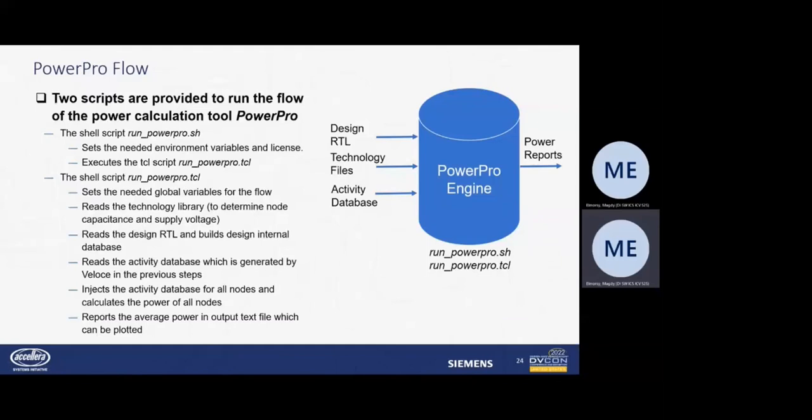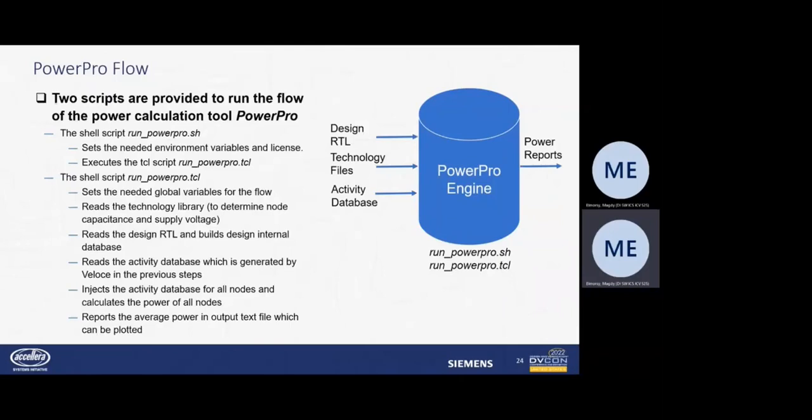It reads the technology library, the target technology library, which contains all the supply voltage and the capacitances of all nodes of your design. It reads the RTL of your design. It reads the activity database generated by Veloce Strato as an emulator.